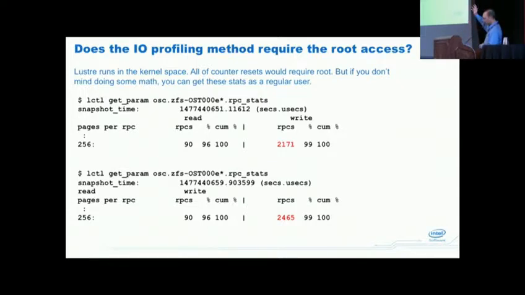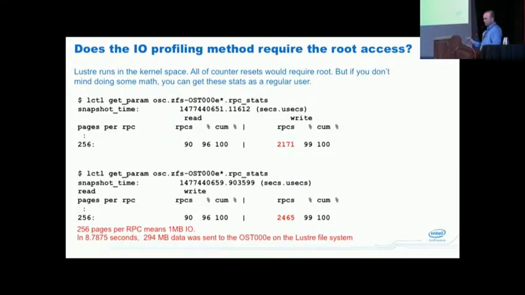Subtract one from the other, you get your elapsed time, and you can see the RPCs, the writes. You can get the number of writes for your application by subtracting those two values. So it's maybe not as straightforward, but you can still use this as a non-root user.